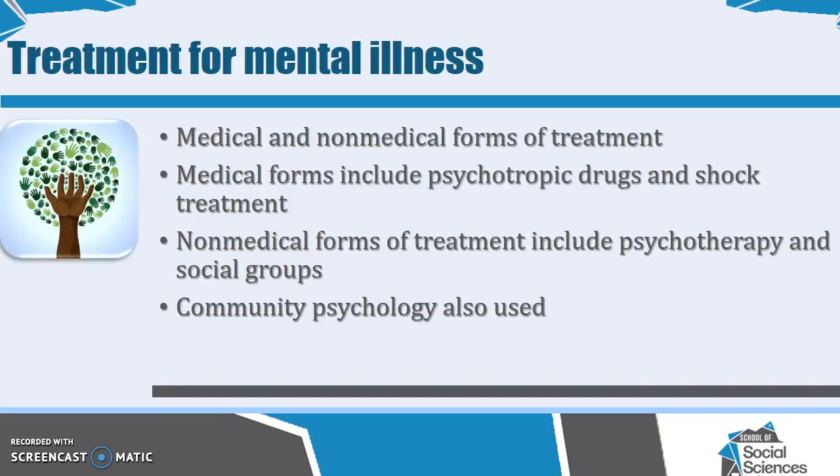Right. There are basically two major forms of treatment for mental illness, which are medical and non-medical. When we say medical, it means that you're using drugs or shock treatment.